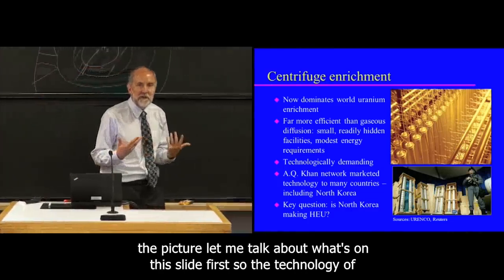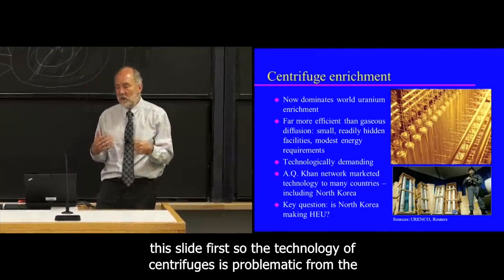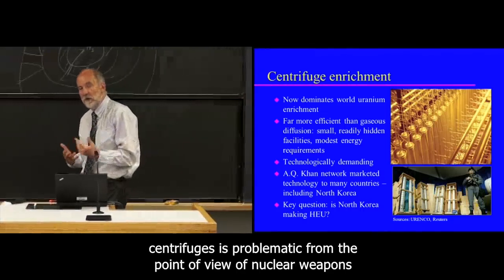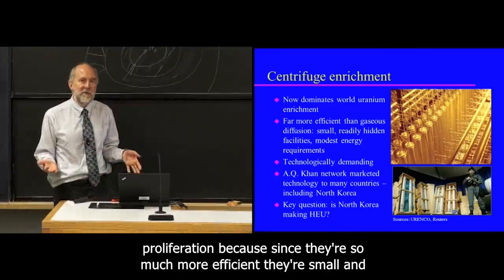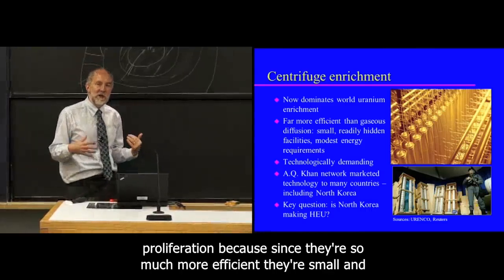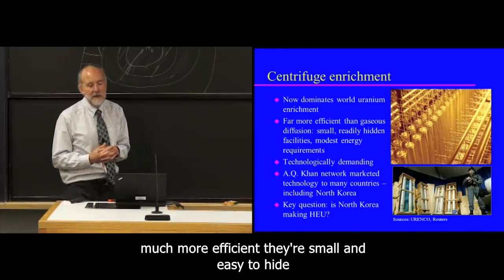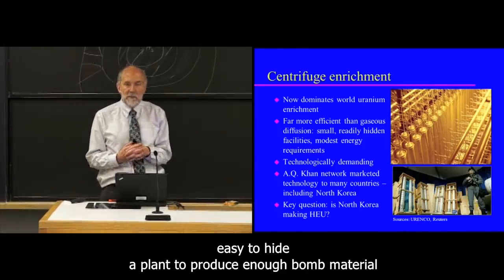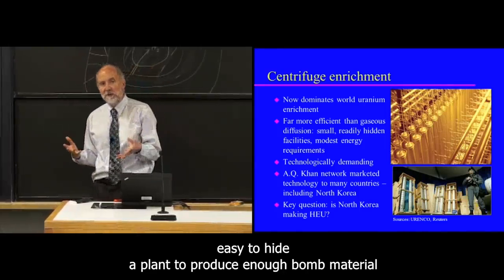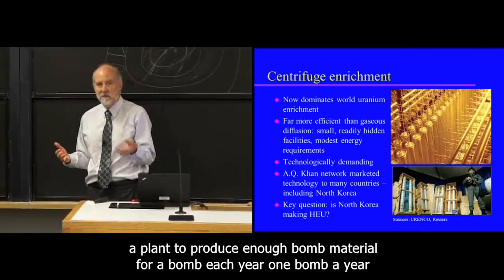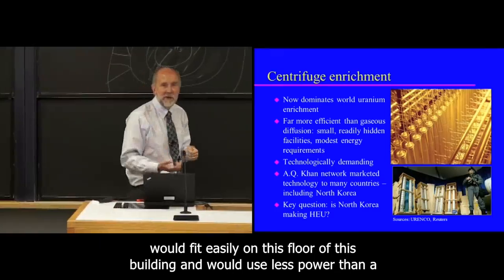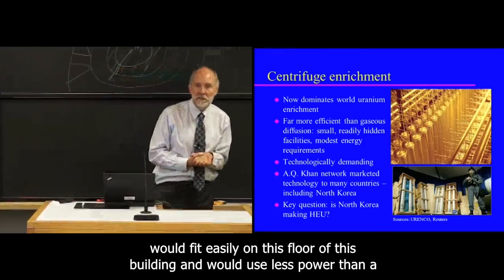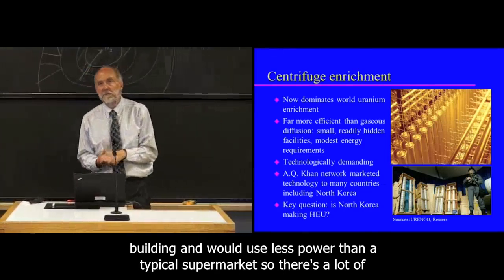So the technology of centrifuges is problematic from the point of view of nuclear weapons proliferation because, since they're so much more efficient, they're small and easy to hide. A plant to produce enough bomb material for one bomb a year would fit easily on this floor of this building and would use less power than a typical supermarket.